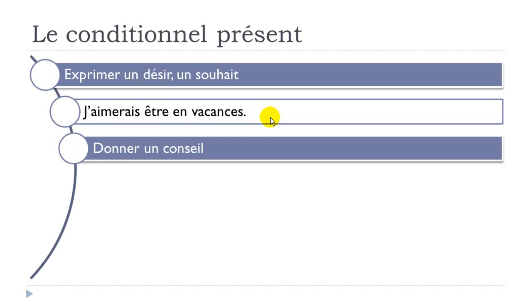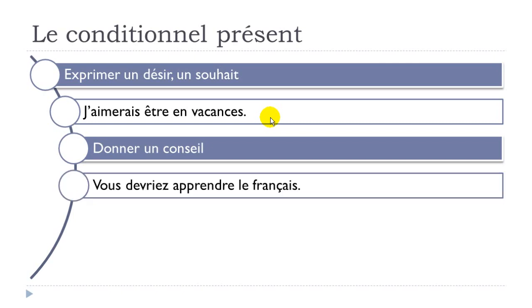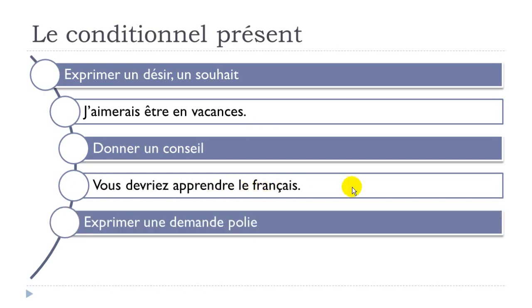Second use will be if you want to donner un conseil, to give advice. Vous devriez apprendre le français. Devoir, to have to, but in that case when you say vous devriez, you should. That would be the more correct translation. Apprendre is to learn, le français, French.